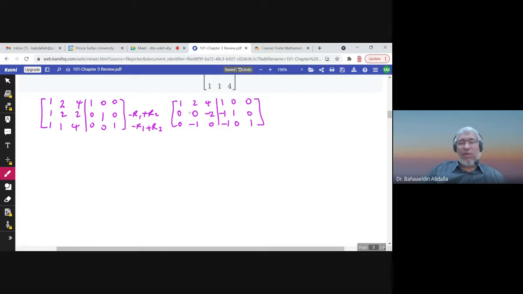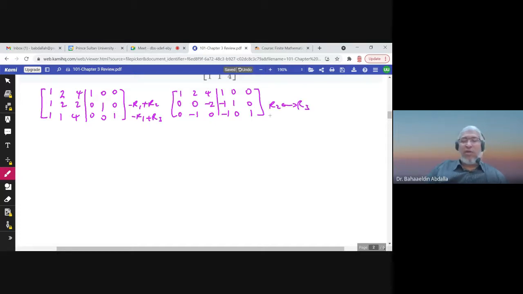I need the number in the middle to be 1 in the second row, second column. So I cannot make it 1, it's 0. So I interchange row 2 and row 3 because I have 1 or negative 1 actually below. So the third row will be transferred or moved to the second, and the second will be the third.